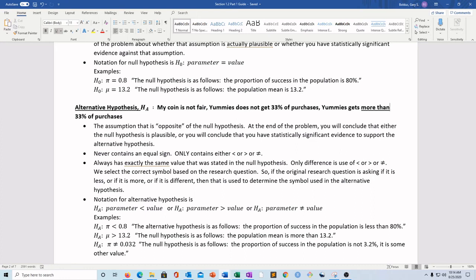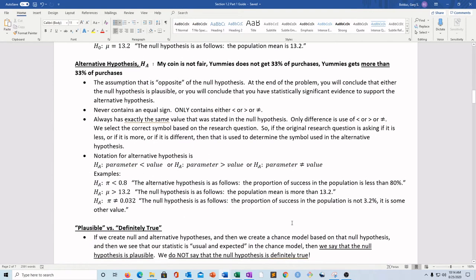If I'm walking into this having no idea which one might be better, then I might do Yummies does not get 33%. You've got to think about this a little bit. This is like your safe bet, because this includes Yummies gets more than 33%, they're better, or Yummies is worse, they get less than 33%. So you've got to be a little careful about that. Read the problem, think about it. Do I have a reason to believe that my alternative should be more or less of something, or do I just have no idea, and in that case I use not equal to?